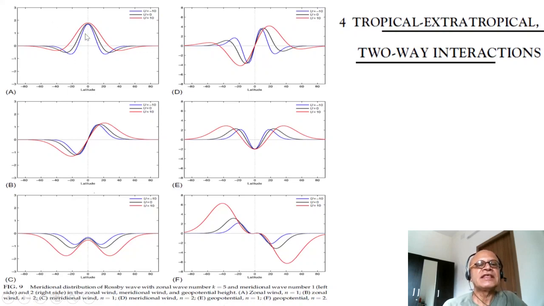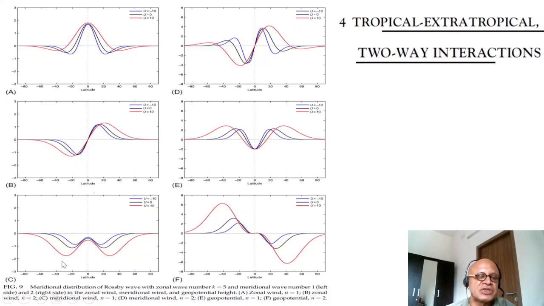Okay, so nonetheless, the main point is, if you look at the background winds here, easterlies, stationary state, and westerlies, the systematic thing you will see is that if you look at the latitudinal bands and the wave signatures, westerly wind regimes favor a much more latitudinally broad scale or reach of the Rossby waves for all n in the zonal and meridional directions, as well as in the geopotentials that correspond to those.